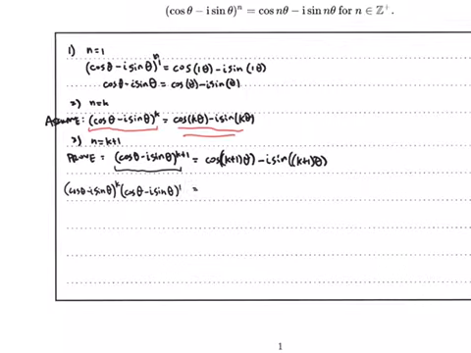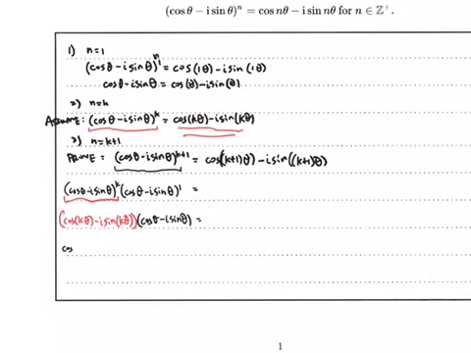Okay, now look at that. I've got what I want here. I'm going to replace that with cosine of k theta minus i sine of k theta, and then just duplicate this, cosine theta minus i sine theta. All right, I'm going to expand that now.